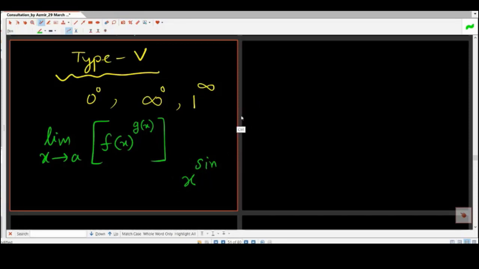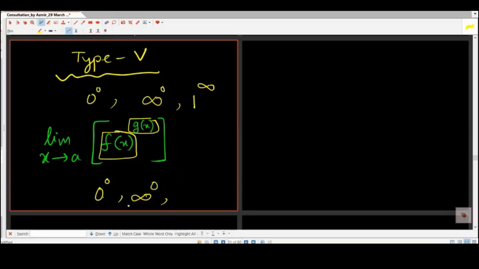So if we have this type of cases which are giving us 0 to the 0, that means if this function is giving us 0 and the exponent part is giving us 0, so this is an indeterminate form. This f of x may be infinity and the power g of x may be 0.